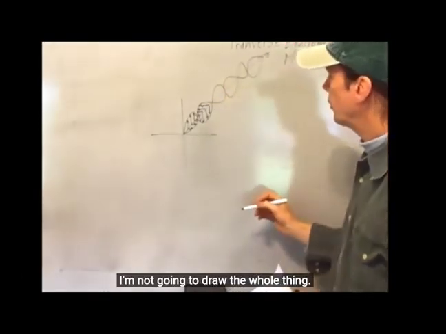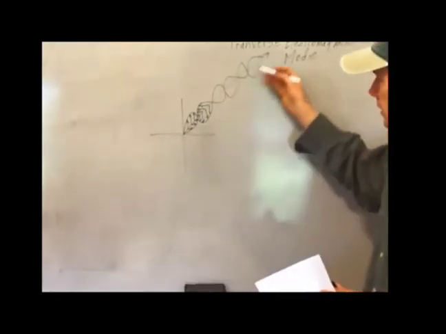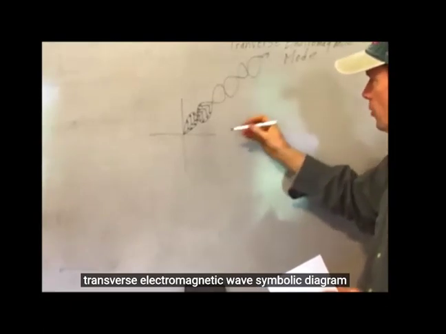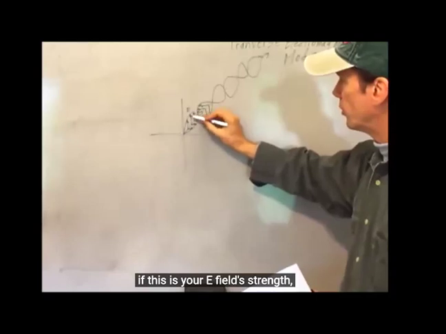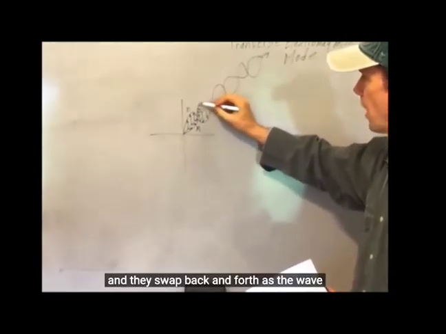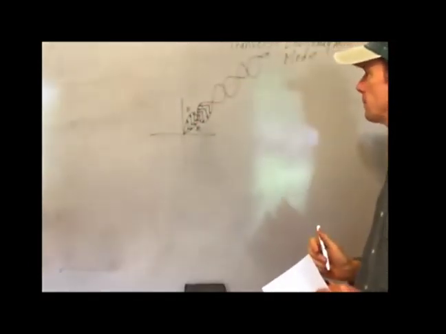I'm not going to draw the whole thing, but hopefully I'm drawing enough that you'll remember it from your textbooks. This is a transverse electromagnetic wave symbolic diagram. If this is your E field strength, this is your magnetic field strength, and they swap back and forth as the wave travels out at the speed of light.